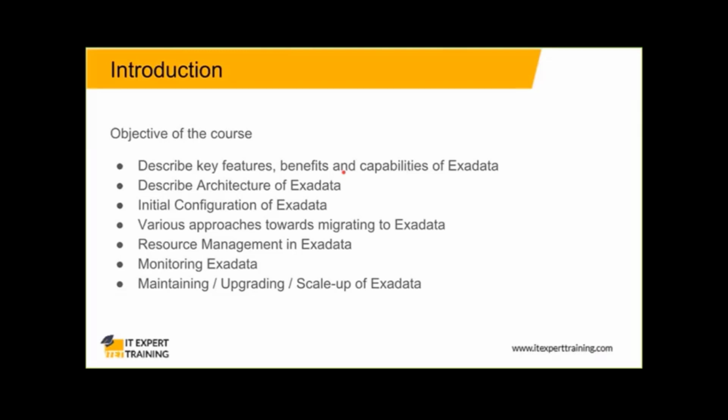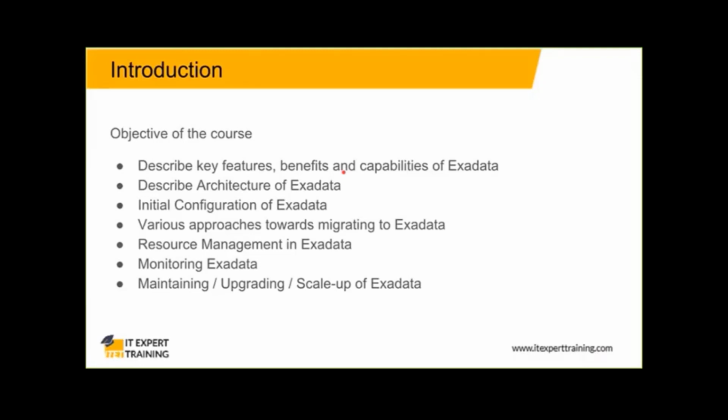Maintaining, upgrading, and scale out, any of the scaling features. We're going to deal with how customers actually re-rack. When a customer buys a smaller footprint of Exadata, which is called a quarter rack, how will they scale up by adding nodes and storage nodes, so that they can increase their portfolio?